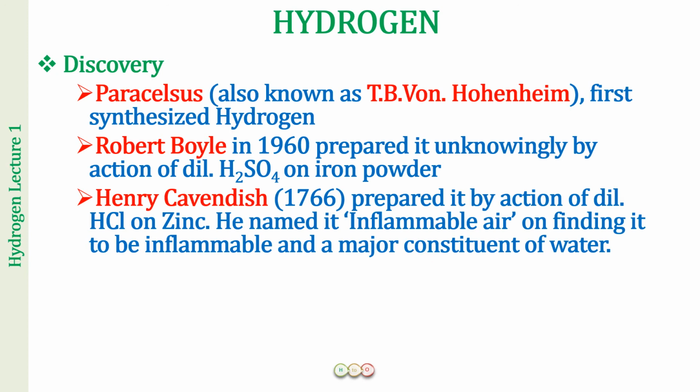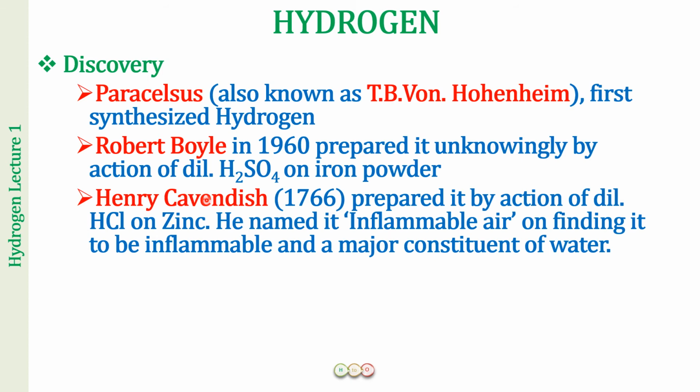So he is given the credit for the discovery of hydrogen. But he forgot to name the gas he had discovered. For a long time, it was just known as inflammable air. So in the examination, if somebody asks which gas is inflammable air, it is hydrogen gas.